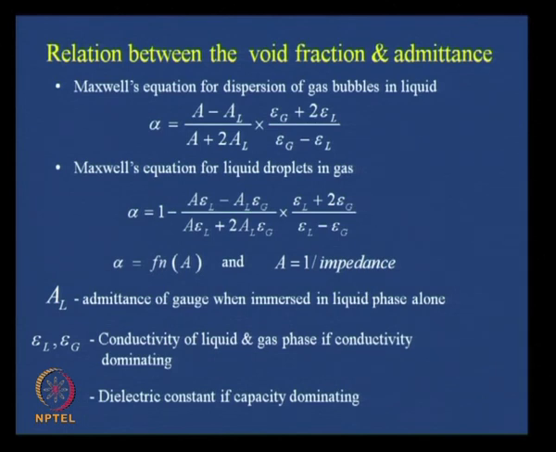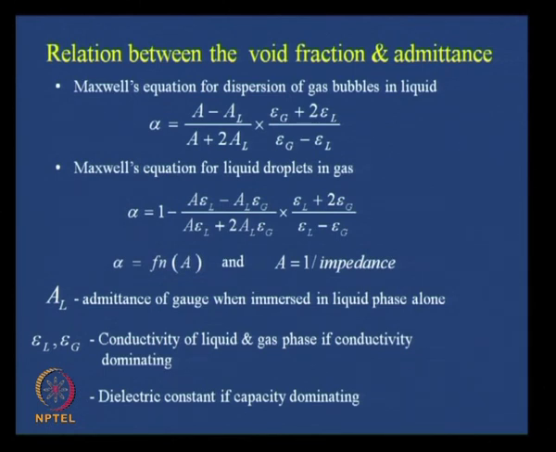Now, after we measure the conductivity, we have to convert it to the void fraction, because our final aim is to find out the void fraction, isn't it? So if we have to convert the conductivity to void fraction, we need some sort of relationship. Usually Maxwell's relationships are used for this purpose, because the admittance is nothing but 1 by impedance.